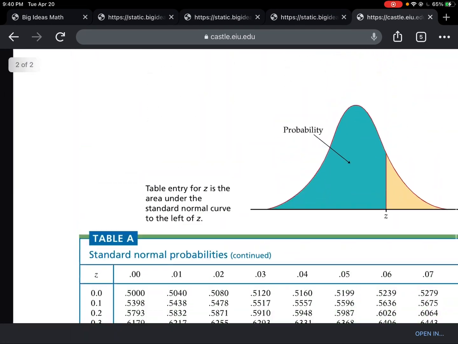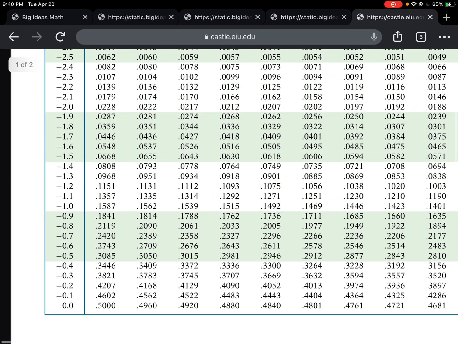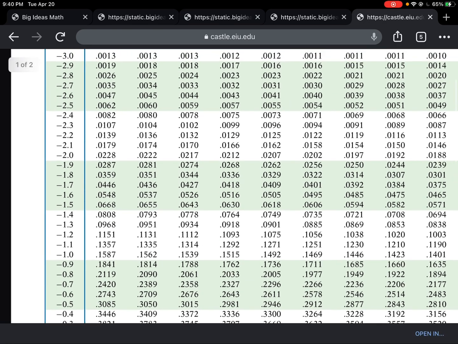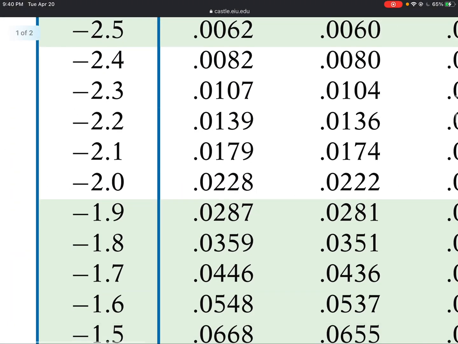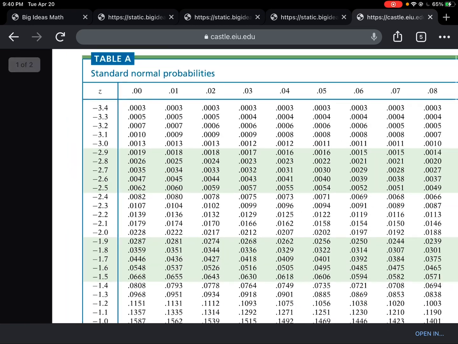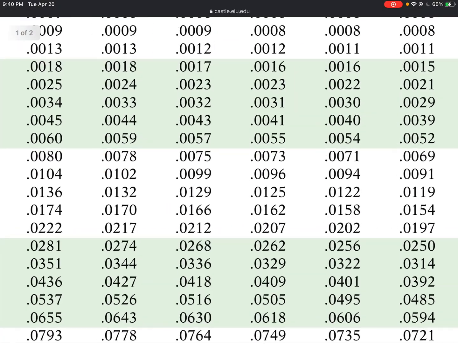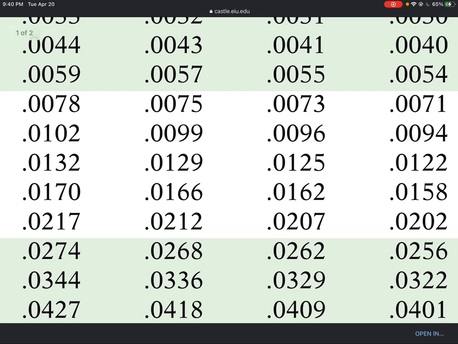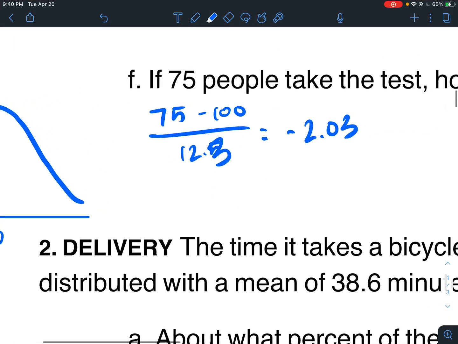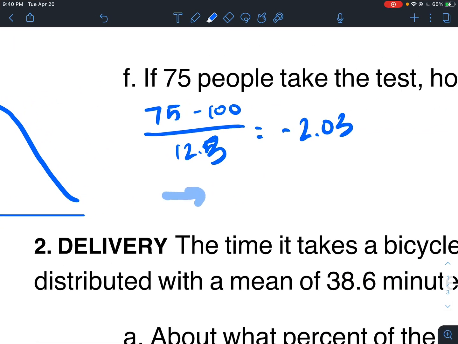Negative 2.0 is right there, and then the 3 would be right here. So that is 0.0212, or 2.12%.